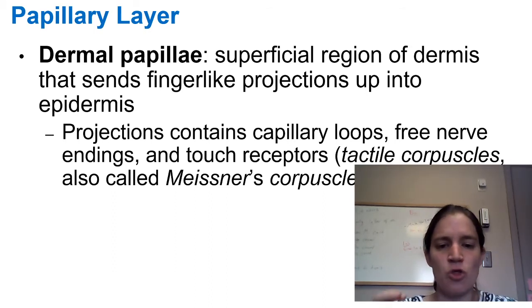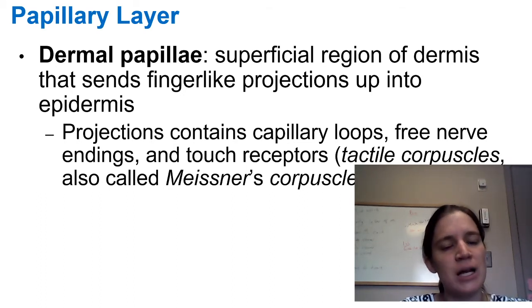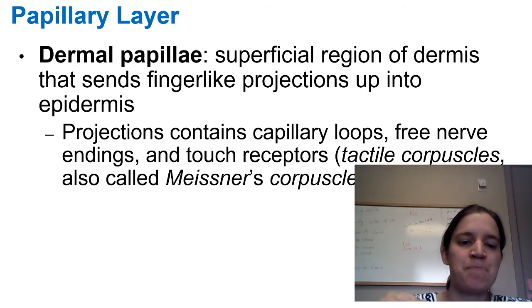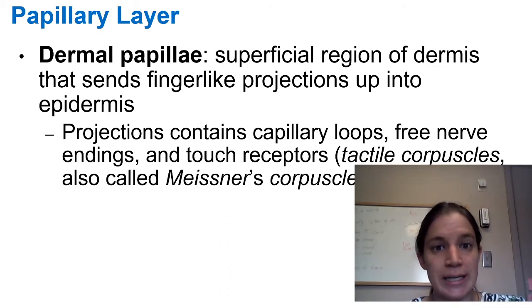So the difference between those, say, Merkel's discs that were there in the epidermis and doing some light sort of touch, you've got touch receptors that are doing things like pressure, or stretch. When we get to sensation, we'll talk more about these, but in the dermis there's a lot of sensory receptors.